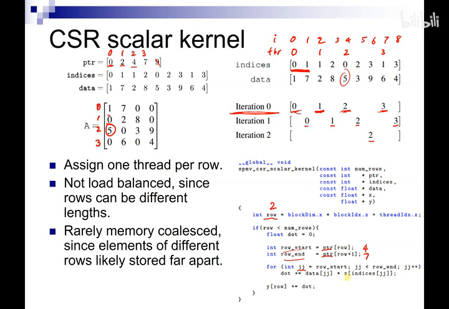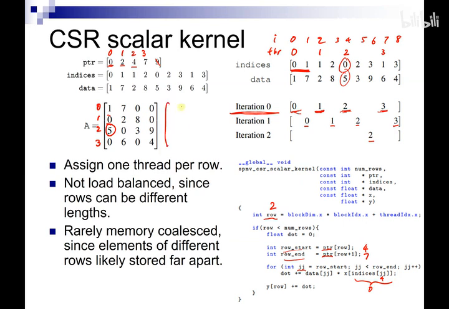Then we need to figure out which column of matrix A this value 5 is in. The way you figure that out is you look in indices at this 4 here, and that comes out to 0. So this is saying that 5 is in column 0.